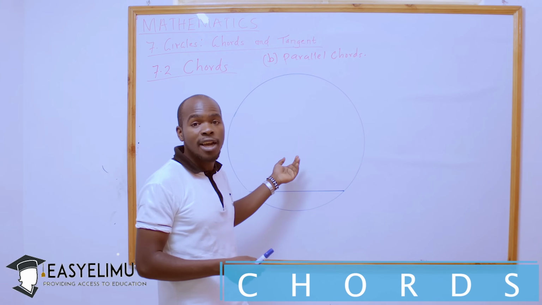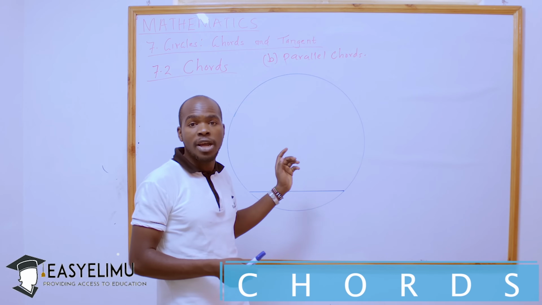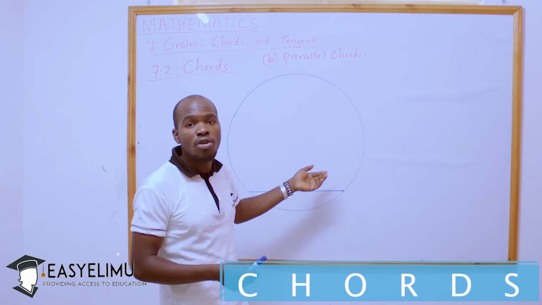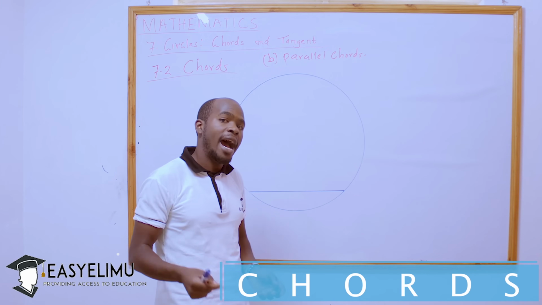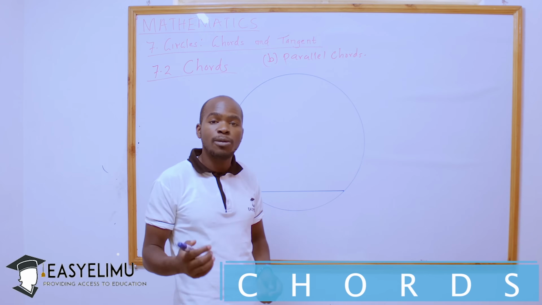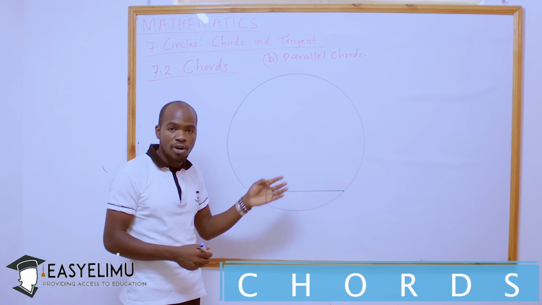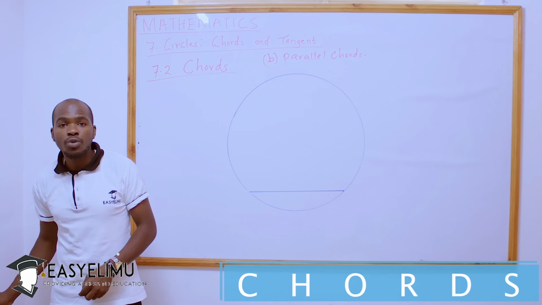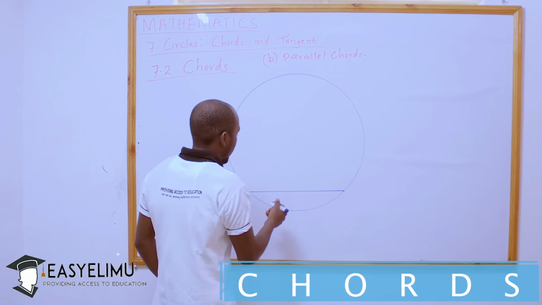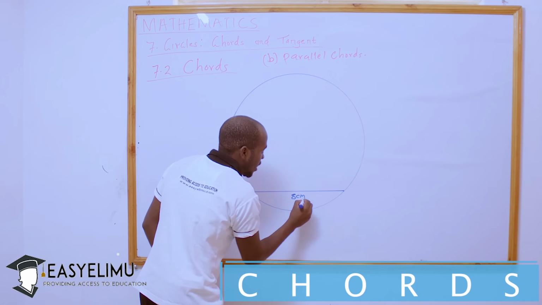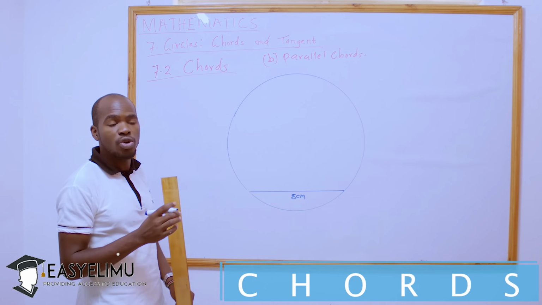Then you make sure the circle you draw touches the end points of the two chords, and you will find the length of the radius. Another method, which is much simpler, is you just draw a circle and draw two chords within that circle, like this one, and name it 8 cm. This is the best method to use.